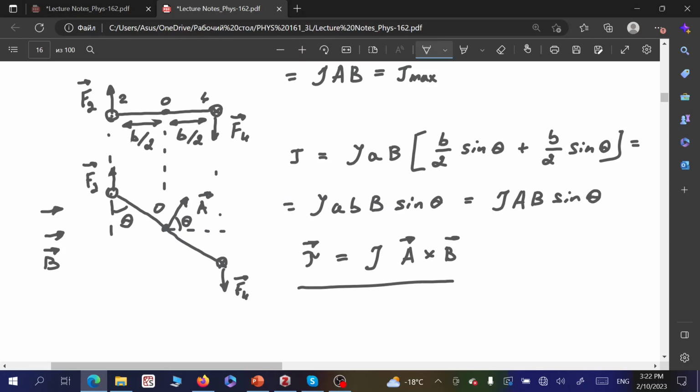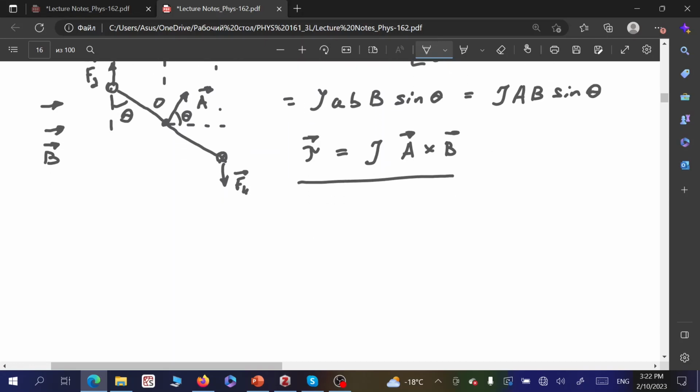So what we can introduce here is another parameter which I already mentioned, the so-called magnetic dipole. If we consider some mu vector which is equal to the magnitude of electric current times A vector, that will be the magnetic dipole of the current loop.